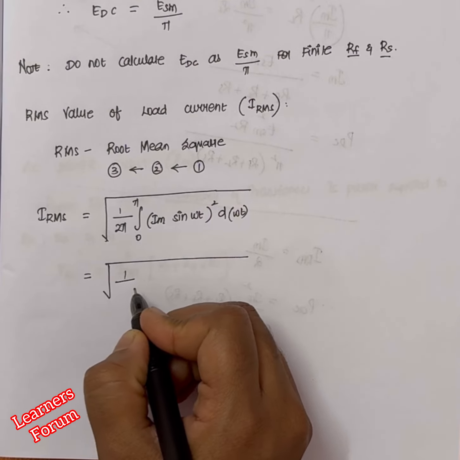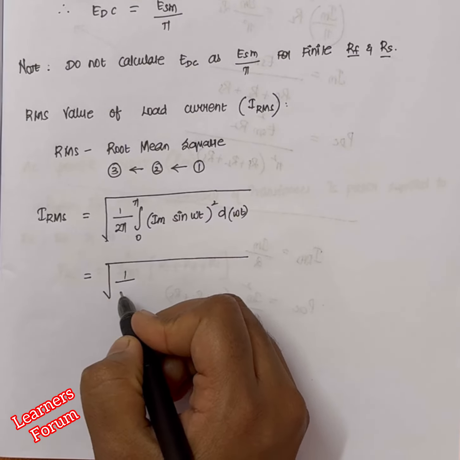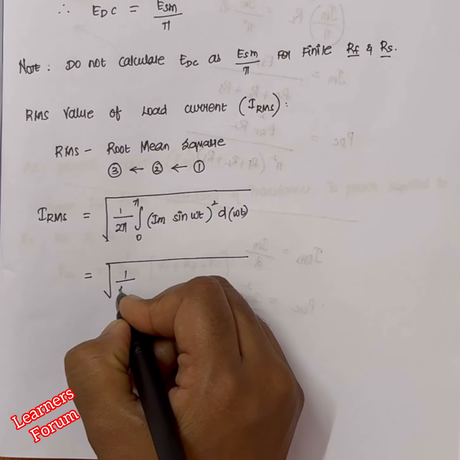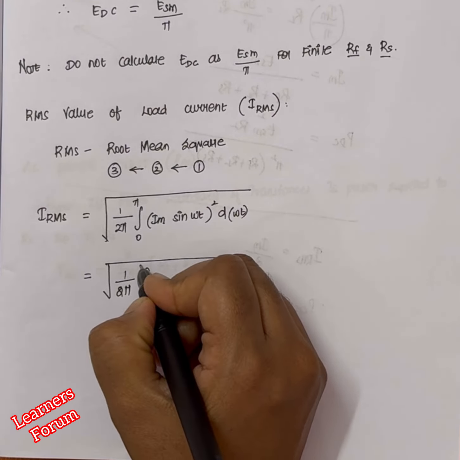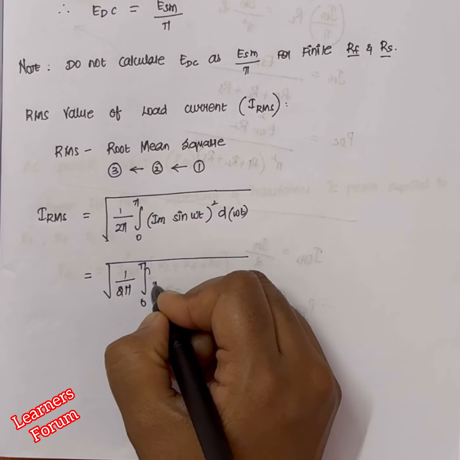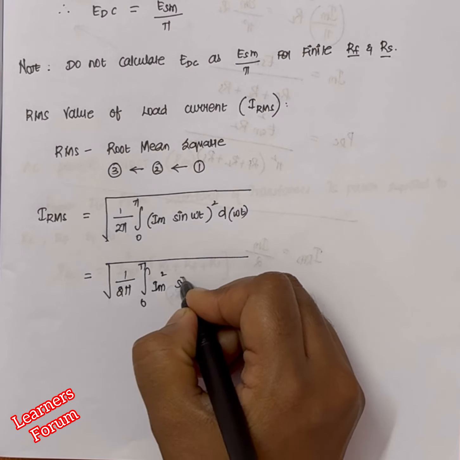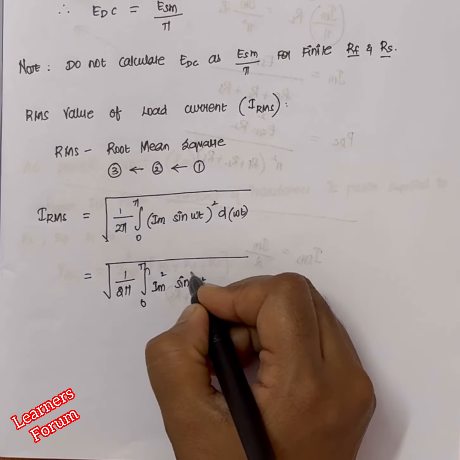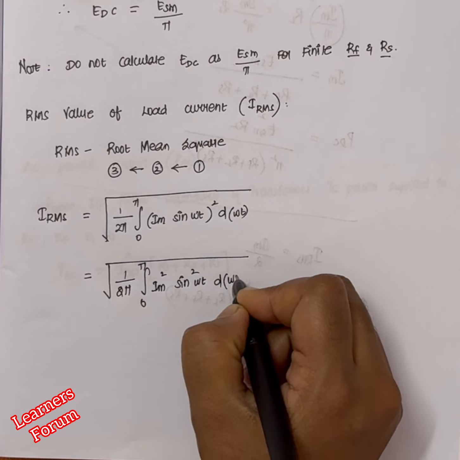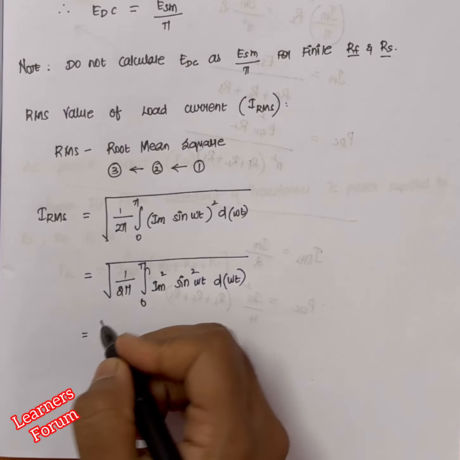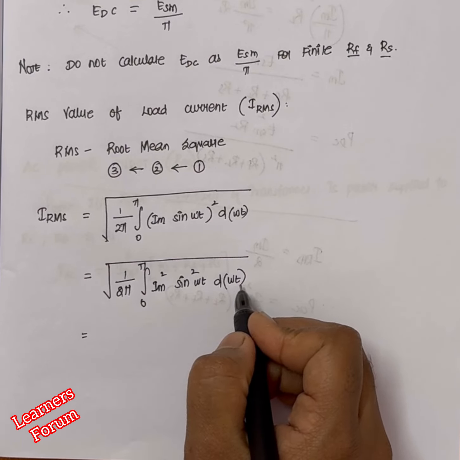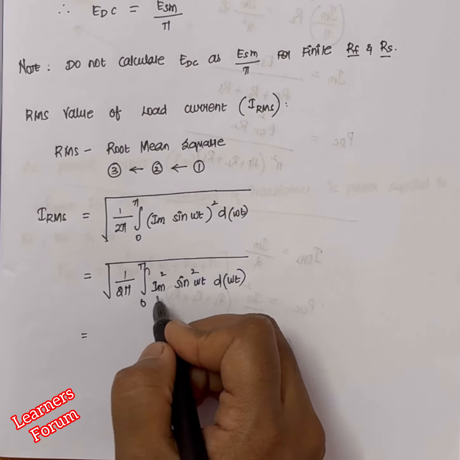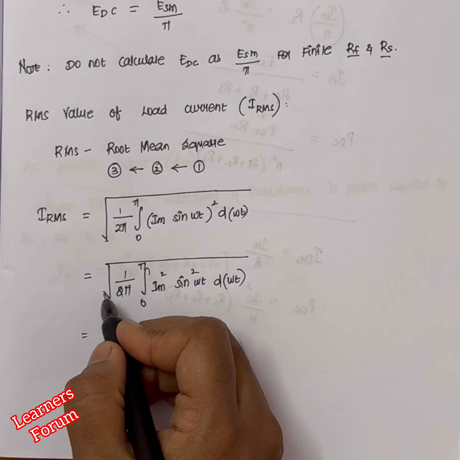Now let us calculate the actual value, which is square root of 1 by 2 pi integral 0 to pi of Im square sin square omega t d omega t. Here we can take Im square out of the integration because it is a constant value, and we have a square root also.